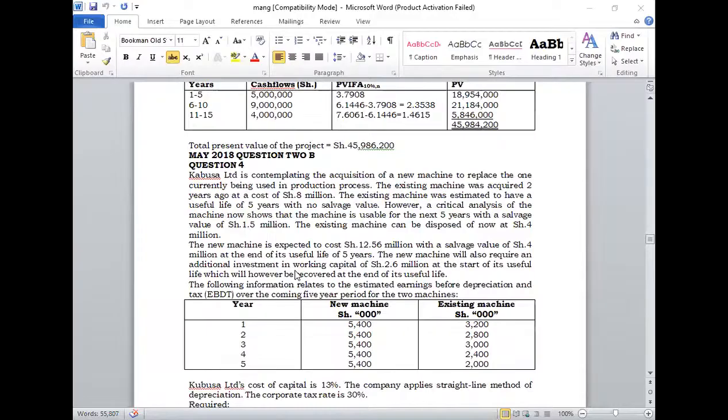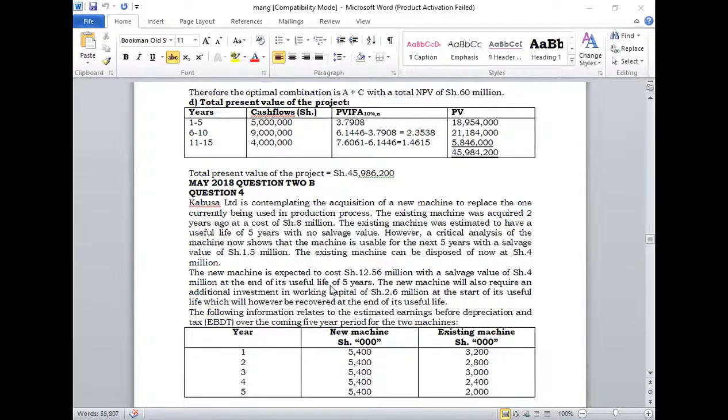The working capital of 2.6 million at the start of its useful life will, however, be recovered at the end of its useful life.